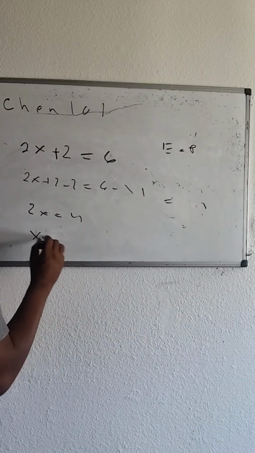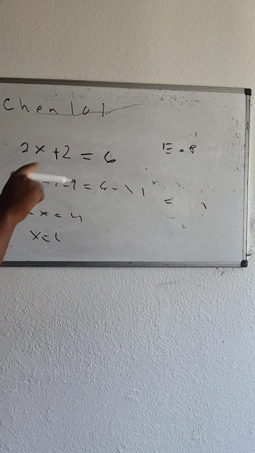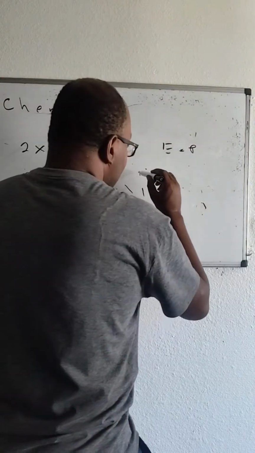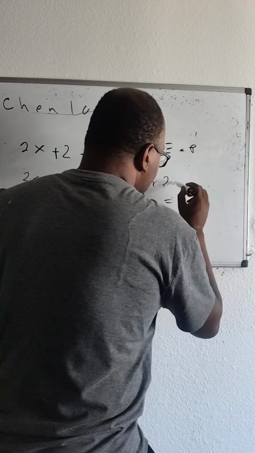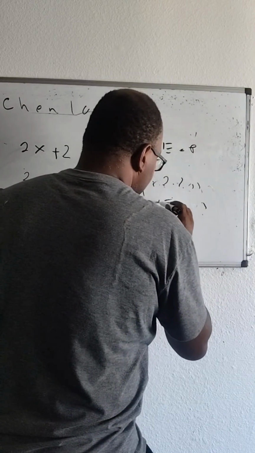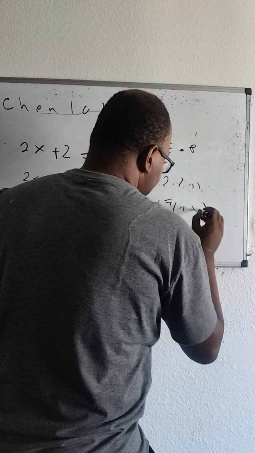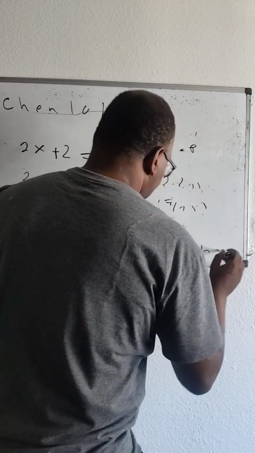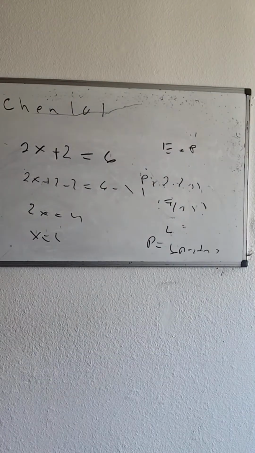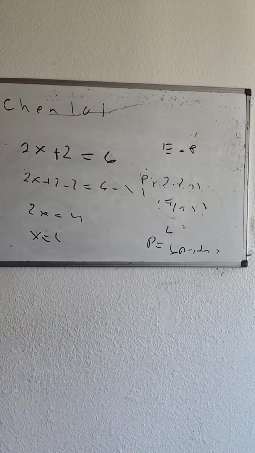So x equals 2. Protons: 2 times 2 plus 2, that gives us 4 plus 2, 6. So the number of protons is 6. There we go. It's been a while, guys. I'm sorry.